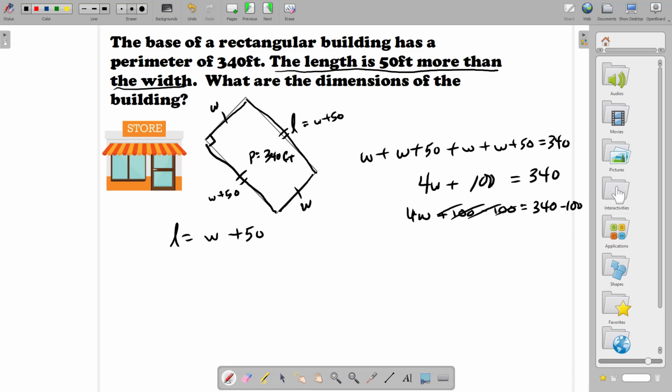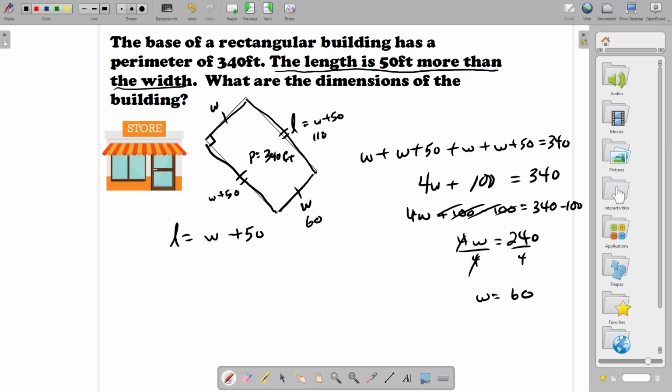These add out. We get 4W. 340 minus 100 is 240. Divide by 4. Divide by 4. The width is 60. If our width is 60, that means our length is 60 plus 50, which is 110.